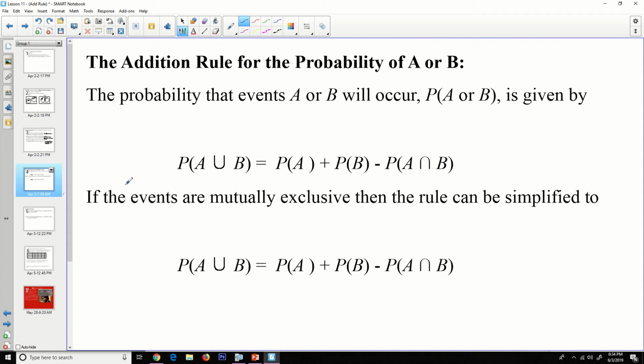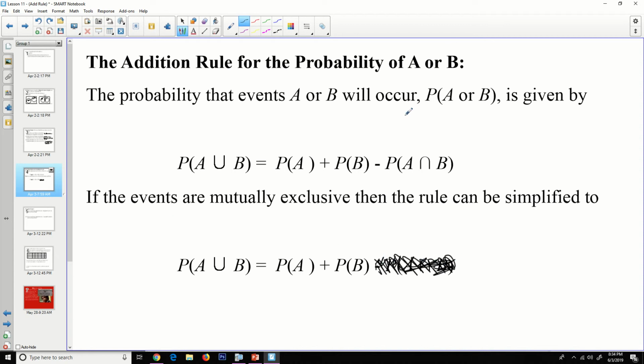If the events are mutually exclusive, then the rule can be simplified to just the probability of A union B equaling the probability of A plus the probability of B, and we can simplify it by just scratching this part out. I don't know why that's in there. We need to get rid of it.